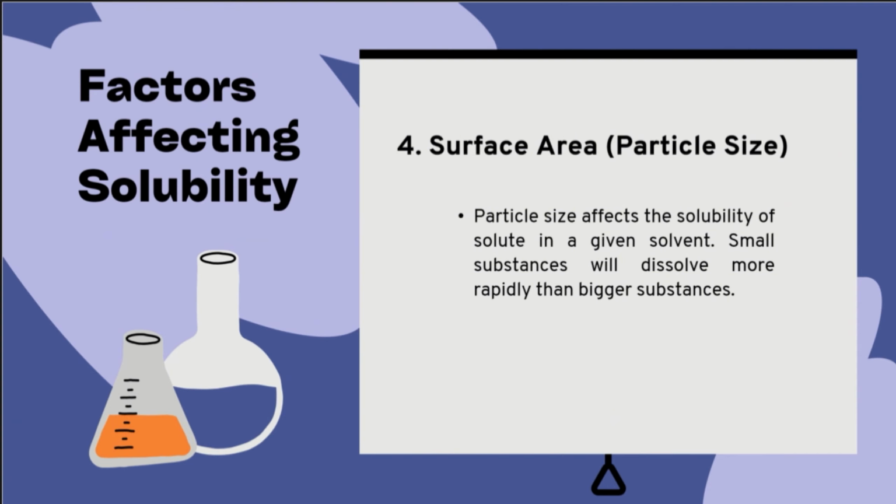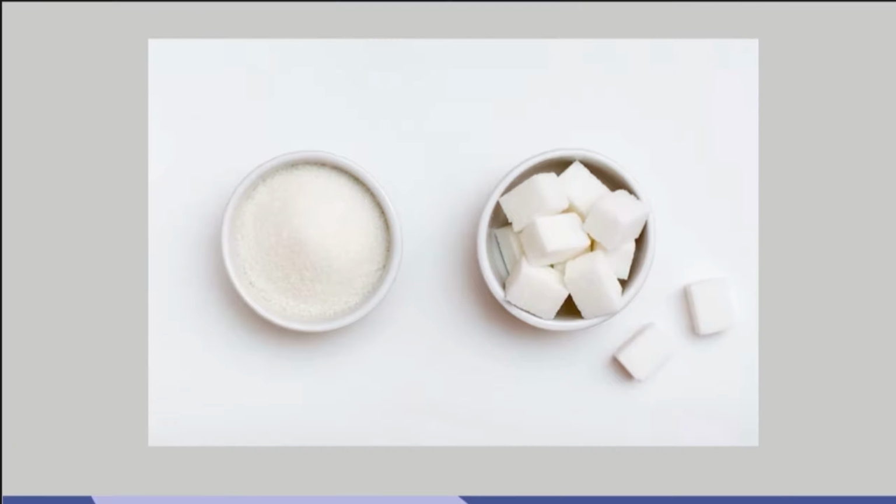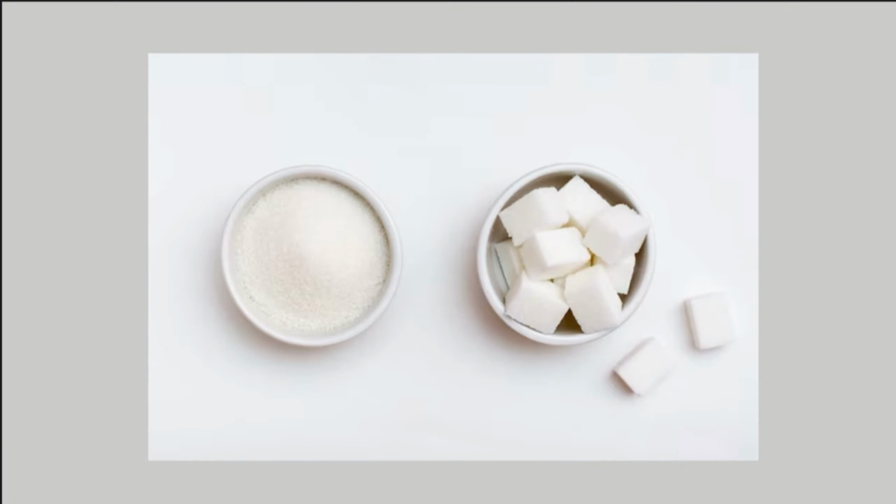Fourth one would be the surface area or the particle size. Particle size affects the solubility of solute in a given solvent. Small substances will dissolve more rapidly than bigger substances. For an example, here we have the granulated or crystallized sugar, and here we have the cubed one, the much larger version of the sugar.